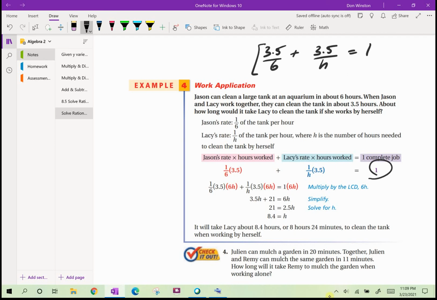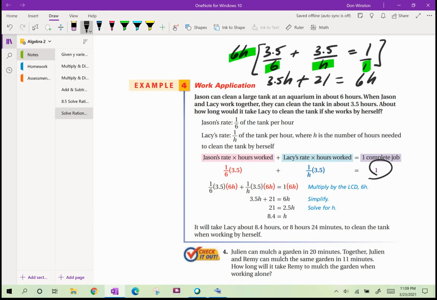My LCD is going to be 6H. So when I distribute the 6H, then 6H divided by 6 will be H, and H times 3.5 will be 3.5H, plus 6H divided by H is going to be 6, and then 6 times 3.5 is going to be 21, equals 6H divided by 1, which is 6H, and 6H times 1 is 6H.